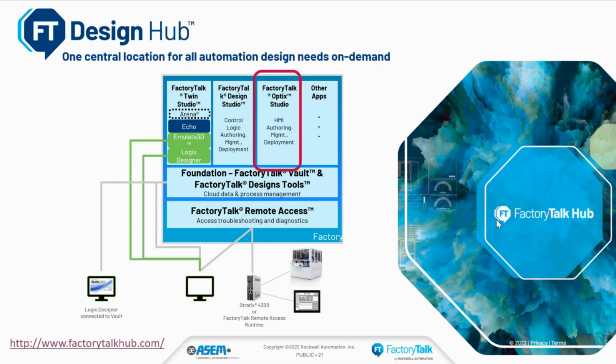And then there's Remote Access, which allows you to remotely access Rockwell devices through VPN securely. And for FactoryTalk Optix Studio, this would also allow you to do the remote cloud deployment of your FactoryTalk application.